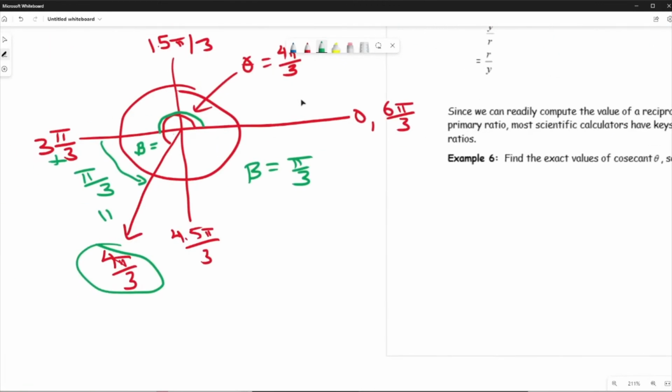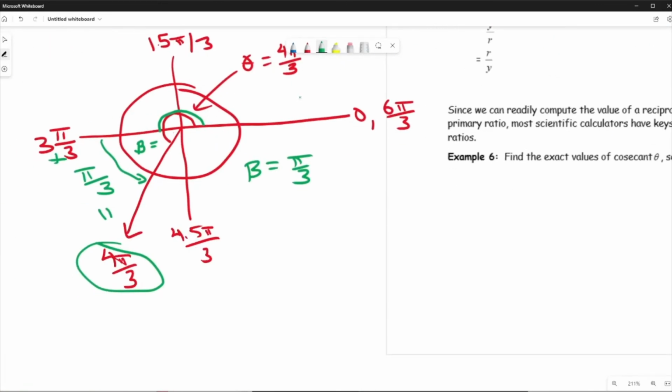So I'm going to go down here, and I'm going to go cos pi over 3 is equal to 1/2. But the cos of 4 pi over 3, okay, remember, I'm in quadrant 3. Let's do the CAST rule, C-A-S-T. Cos is negative in this quadrant, so my answer is not 1/2.